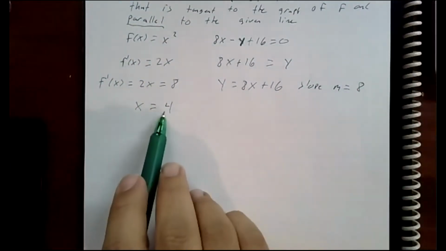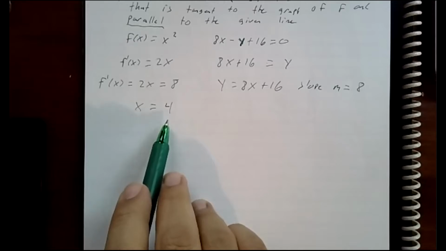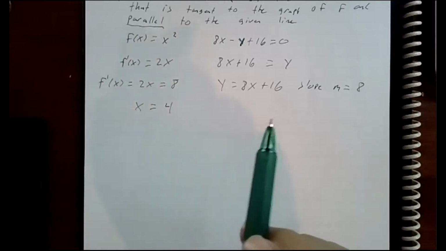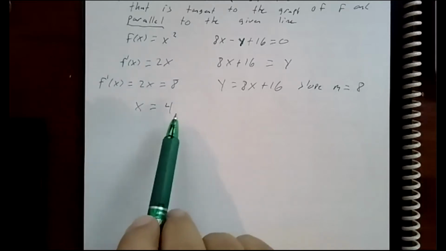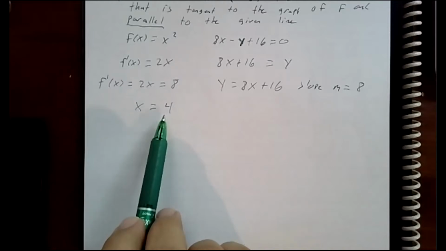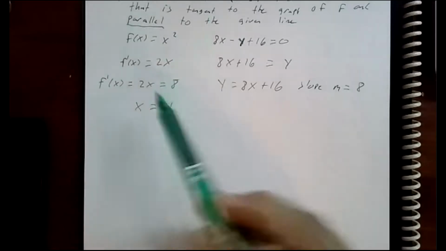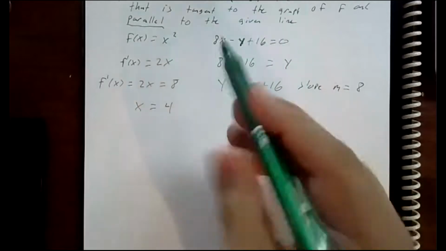But once you have x, how do you find the y? Slope point form. We're going to use this in just a moment, but we need the y value first. So I have an x, but I don't have the y. Would you just substitute the x with 4? Yeah, just plug this guy here to get the y value.